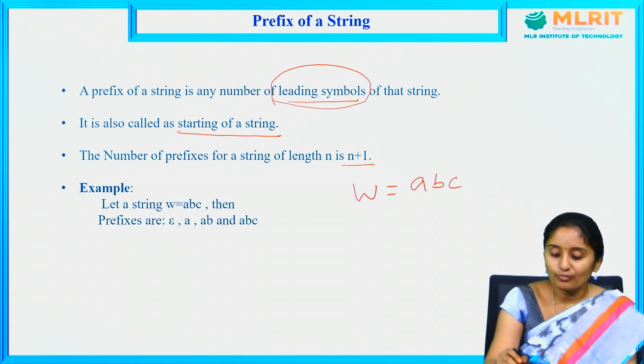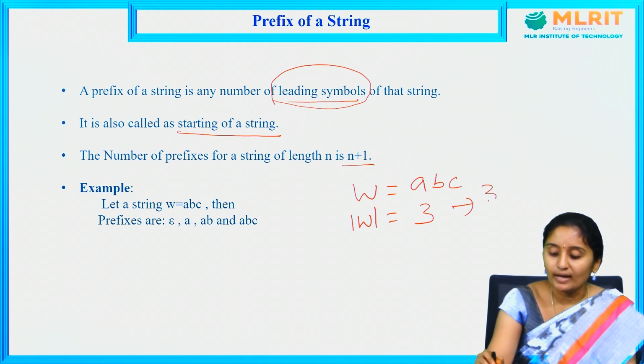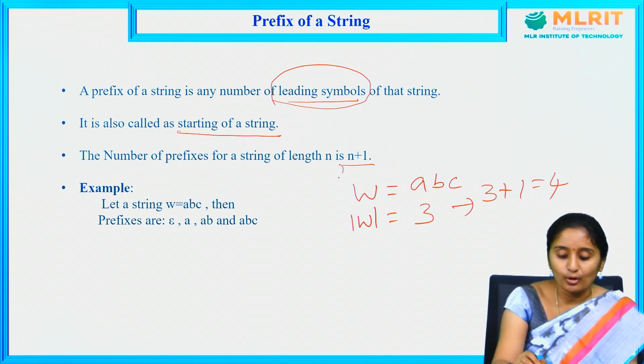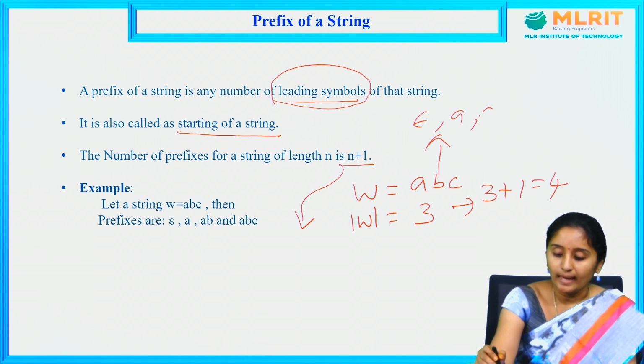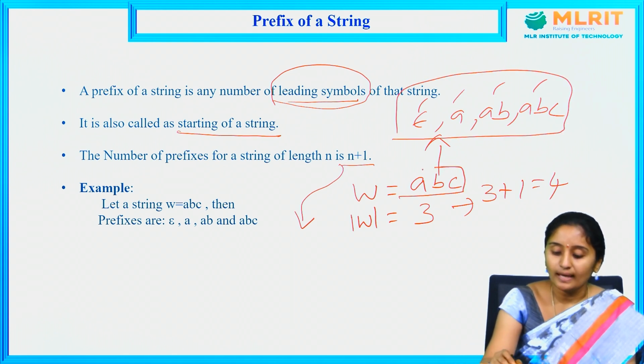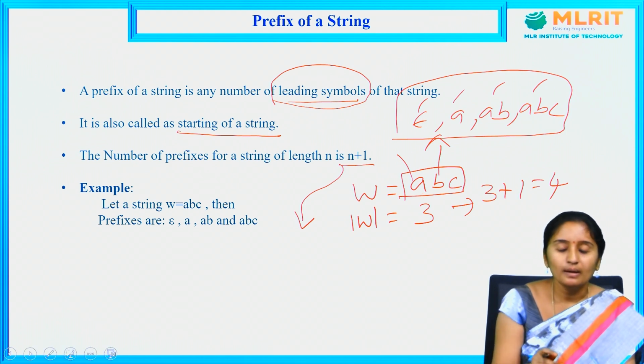The length of the string is 3, and the number of prefixes I can write from this string is n plus 1, that is 3 plus 1, so 4 prefixes. The 4 prefixes from ABC are epsilon, A, AB, ABC. See here: 1, 2, 3, 4. So I have written 4 prefixes from the string ABC. We take the starting symbols: A, AB, ABC. This is the prefix of a string.